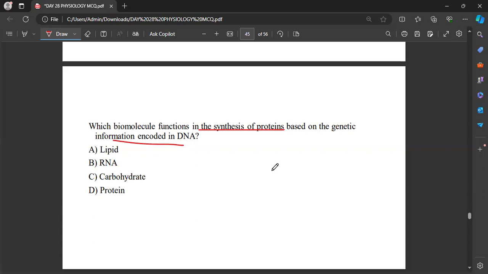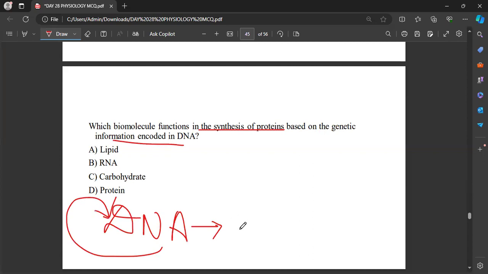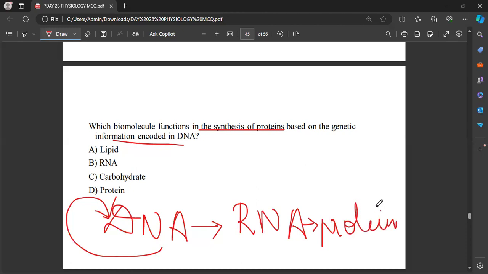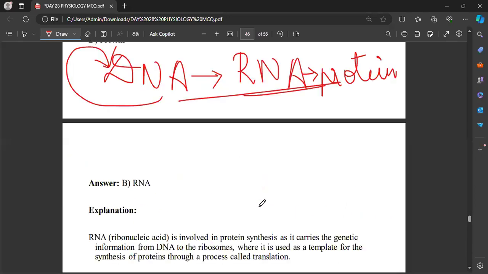Don't confuse it with the protein here and RNA and anything. The DNA has to replicate, and that will be converted into RNA, and only then it will be converted into a protein. This will be the central dogma of molecular biology. So that will be RNA.